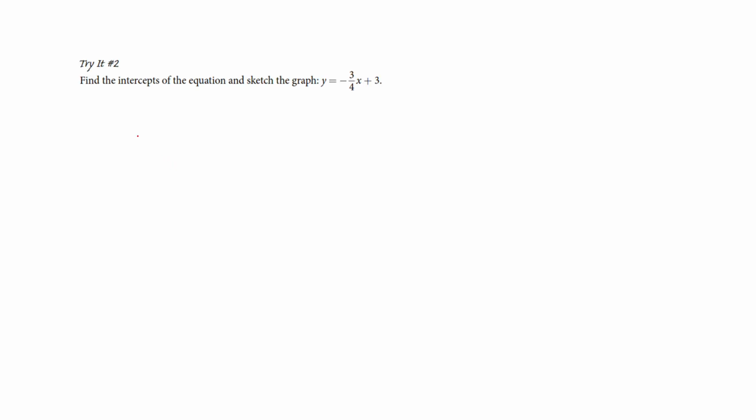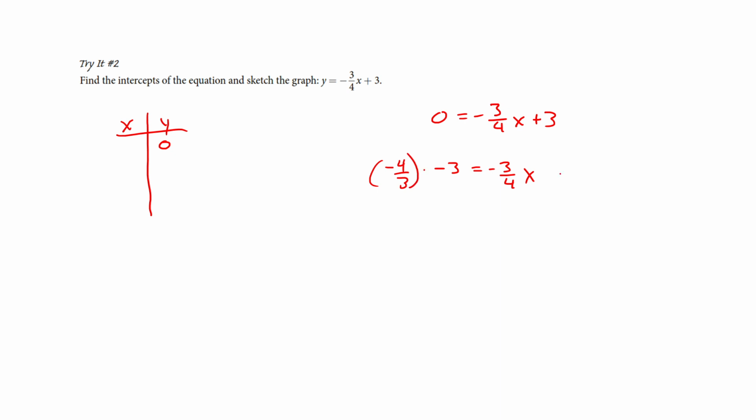Okay, try this on your own if you want to. It's probably pretty easy for you. Let's do this. Alright, so I'm going to find the 2 intercepts. So the x-intercept is when y is 0. So I've got 0 equals -3/4 x plus 3. Now, to get rid of -3/4, you really are dividing both sides by -3/4, but the trick is that you wind up multiplying by the reciprocal.